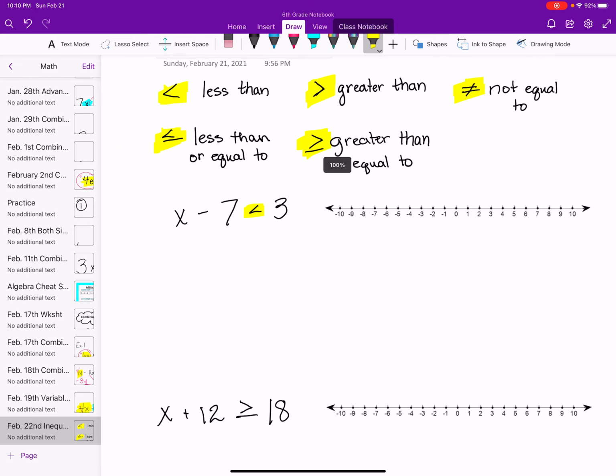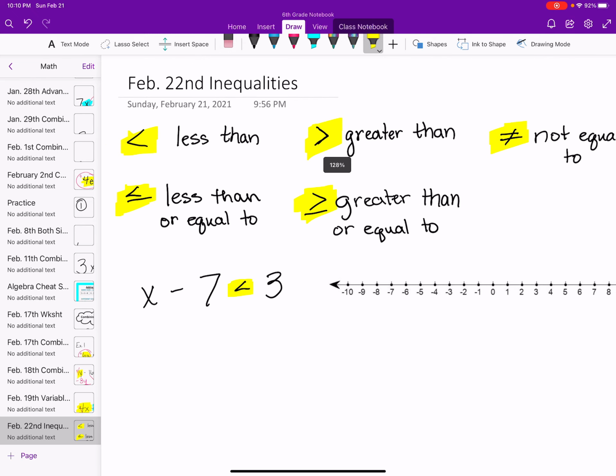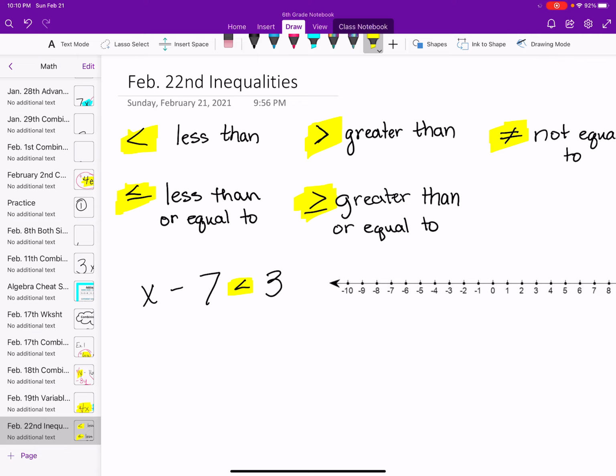Okay, so when I see an inequality, it's most likely going to be an algebraic expression, and I'm going to solve it like a normal algebra problem. I'm not even going to worry about the less than, greater than sign to begin with.